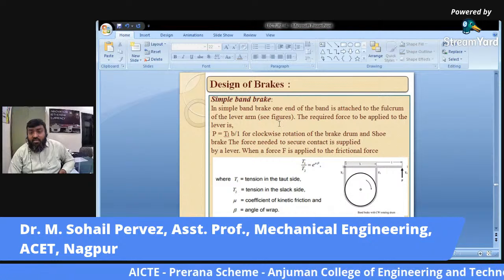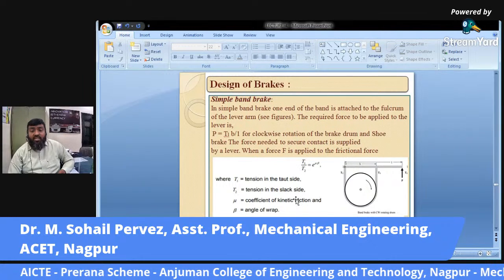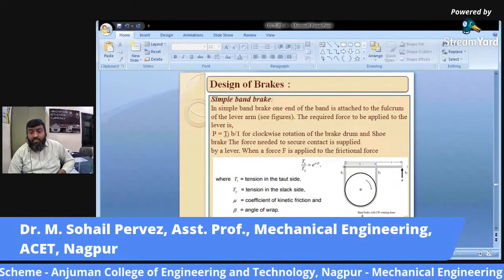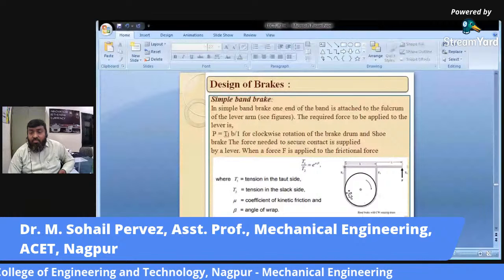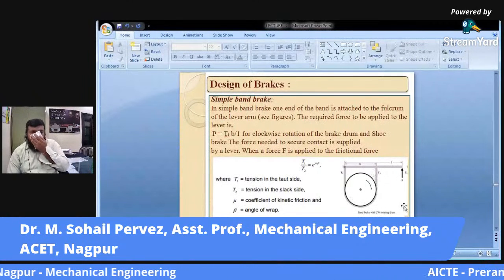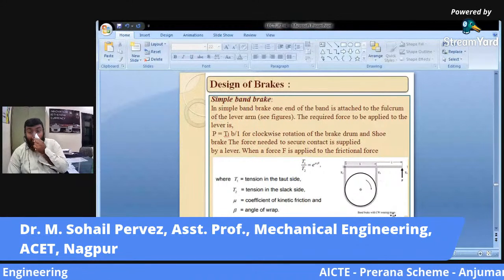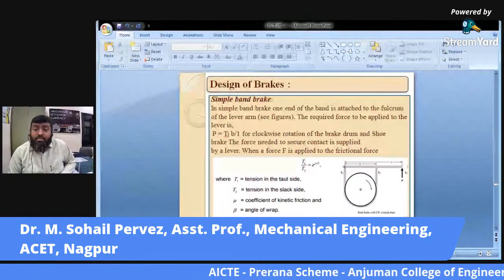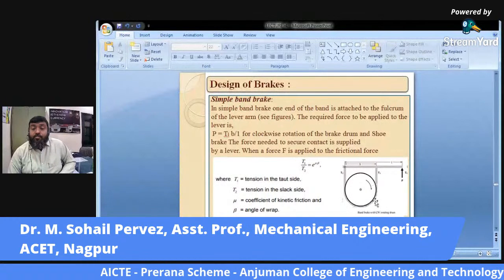Again, this is the basic design criterion wherein the torque which is to be supplied by or stopped by this band will be calculated with respect to the friction at the band.